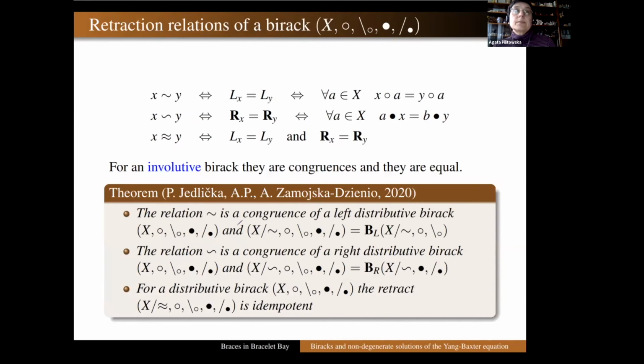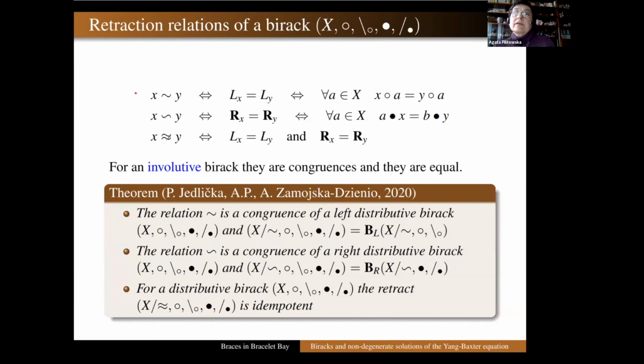Okay, let us go back to the retraction relation. As I showed some minutes ago, in the general case these three relations need not be congruences of the Birack. They are in the involutive case. But in the case of one-sided distributive Biracks, the situation is a little different.